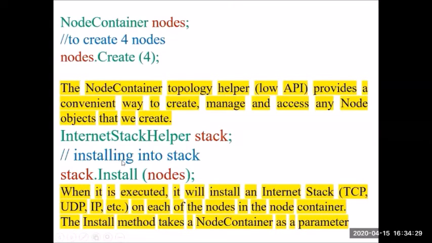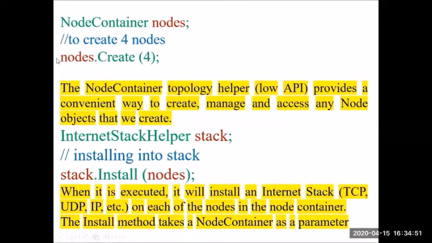See here. Now we have created 4 empty nodes and then we have installed the TCP/IP stack, the internet stack, on all the nodes. Install is a method. Create is a method in C++ or NS3.